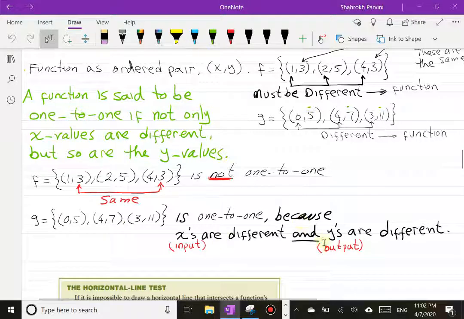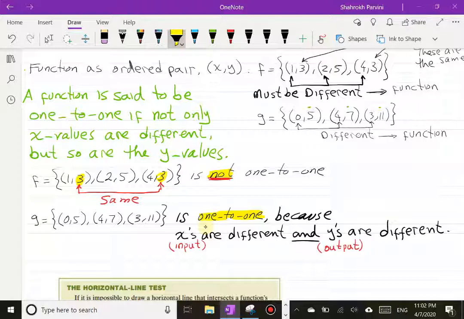Because the outputs, the y's, are different, this function is indeed one-to-one. This one is one-to-one, whereas this one is not, because these two elements are the same.